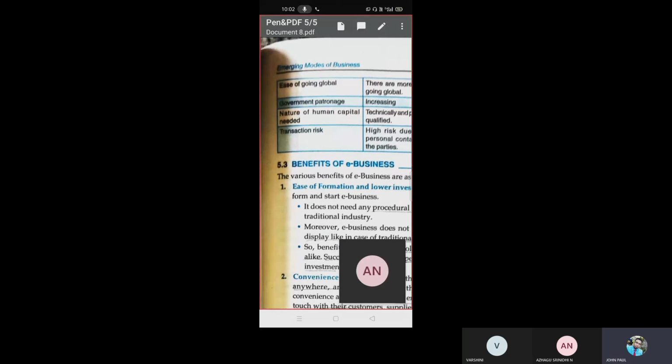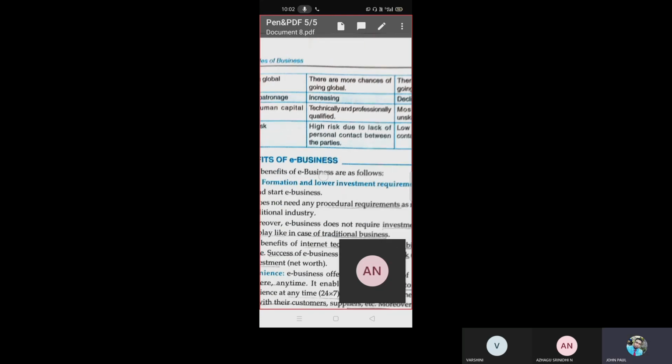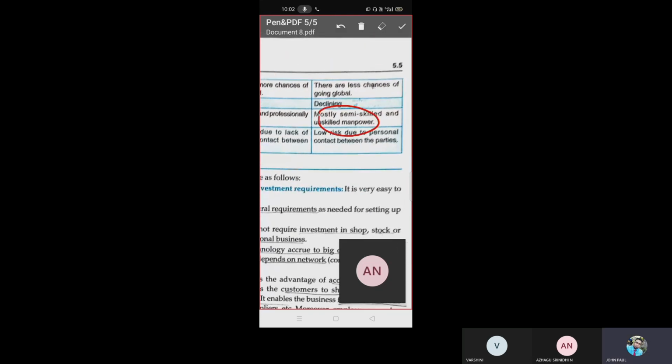The nature of human capital needed. What is human capital? Manpower. For traditional business, do we need manpower? Much manpower. If we take Pothys, you can see how many people are working. If you take Joy Alukkas, a lot of sales persons will be working. So we need a lot of people, and semi-skilled persons are required.